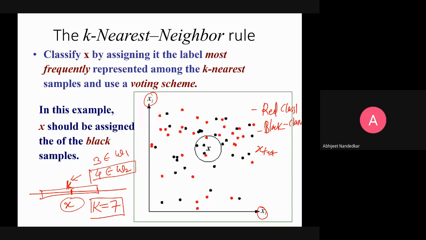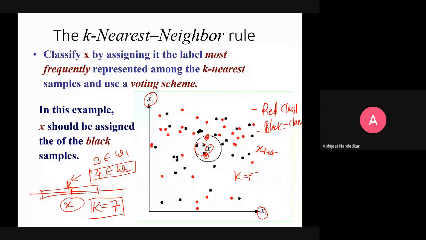Suppose I take this example, x equal to this x test, and I say k is 5. Then you see that there are 5 samples around this x. So I will stop my window growing and then see that for black there are 3 samples around x, and for red there are 2 samples. I said black is class 2 and red is class 1.